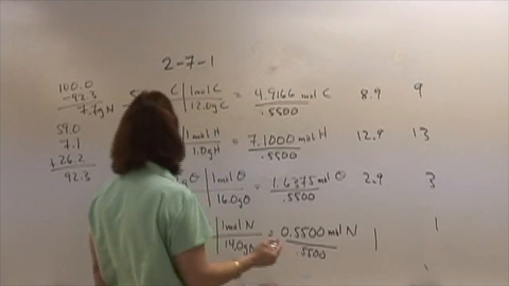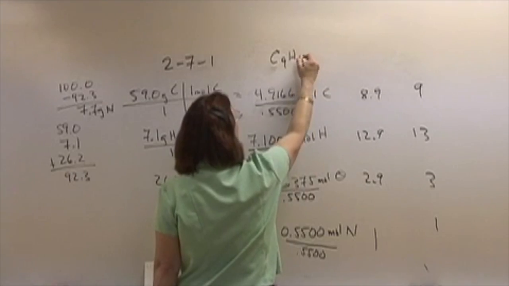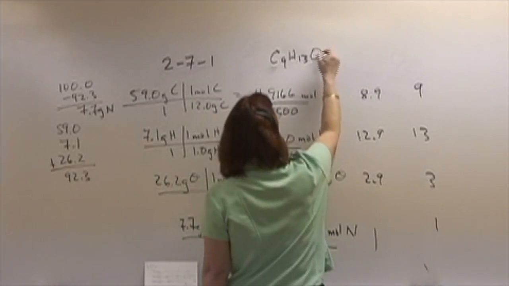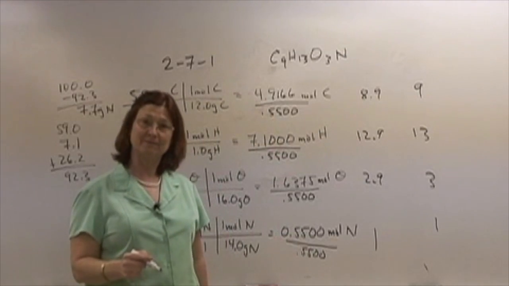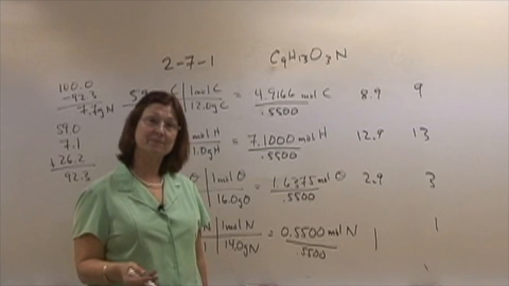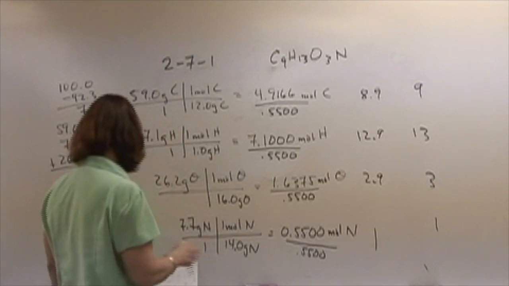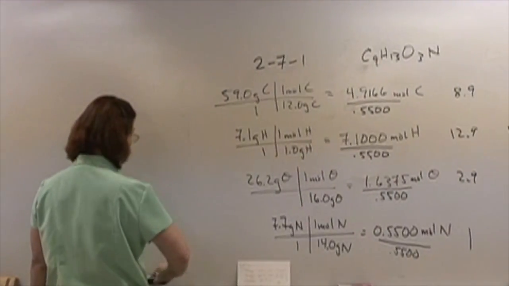Therefore, my empirical formula is C9H13O3N. That is my empirical formula. Now, in the problem, I was asked for the molecular formula, and I was given the molecular mass. Therefore, I add up my empirical mass.